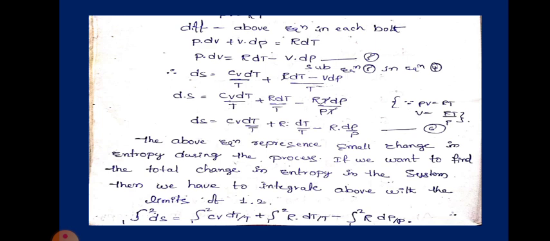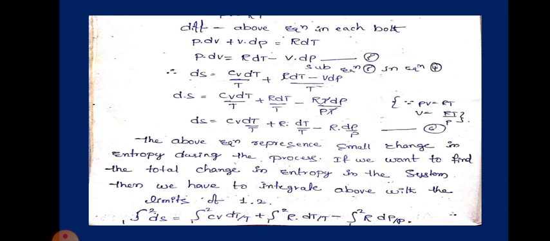Substitute equation number 5 in equation number 4, that is ds is equal to Cv dt by T plus (R dt minus v dp) by T. Therefore ds is equal to Cv dt by T plus R dt by T minus R T dp by R T. But pv is equal to RT, so v is equal to RT by p. So the T's get cancelled, that is ds is equal to Cv dt by T plus R dt by T minus R into dp by p. This is equation number 6.